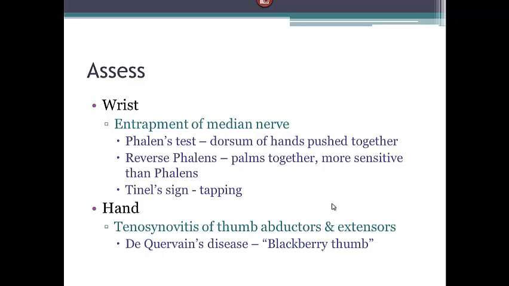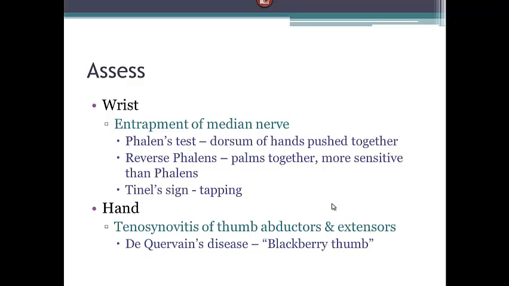Typically, the pain is at night with burning or aching, and numbness and tingling are also associated. If it's chronic, patients could have thenar atrophy. Diagnosis is basically by nerve conduction study or clinical symptoms.